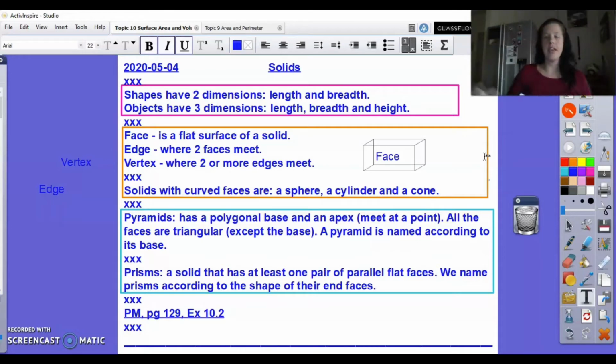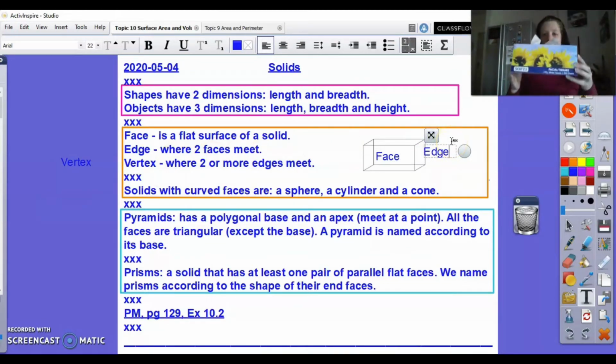Okay? It also consists of an edge. An edge is where 2 faces meet. So if I'm looking at my tissue box again, I've got this face meeting with this face. So this over here, this sharp point going down here, this line is my edge.